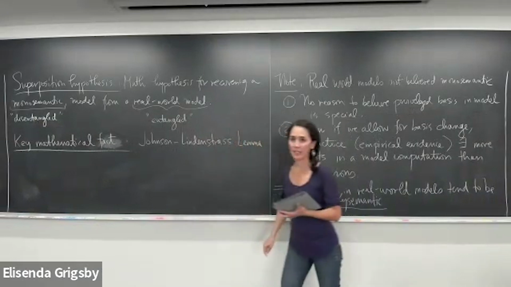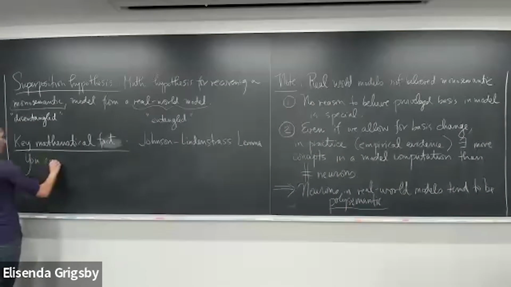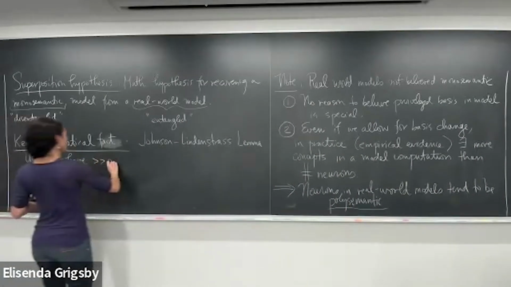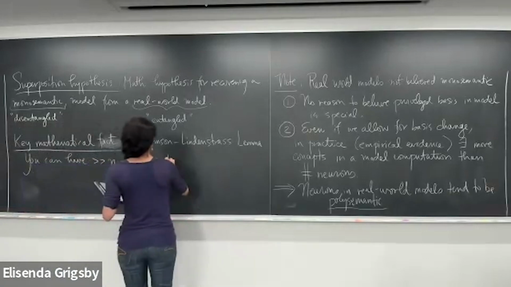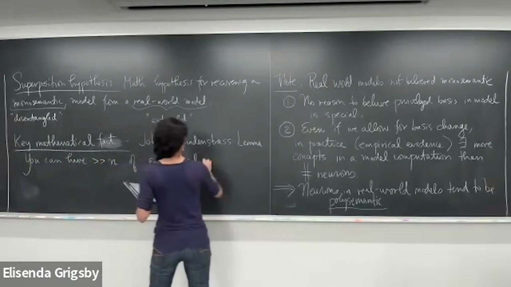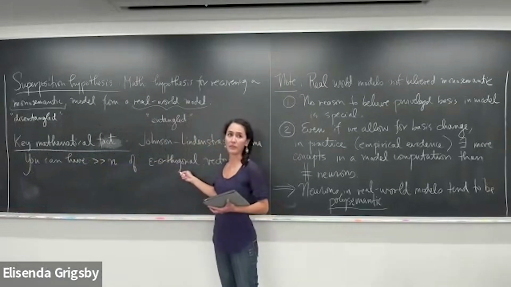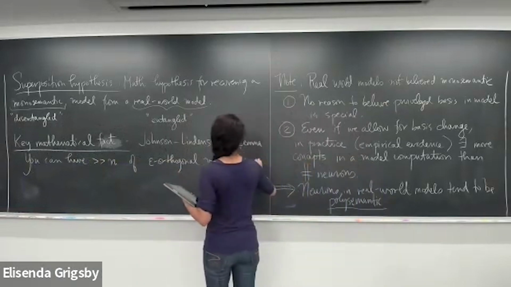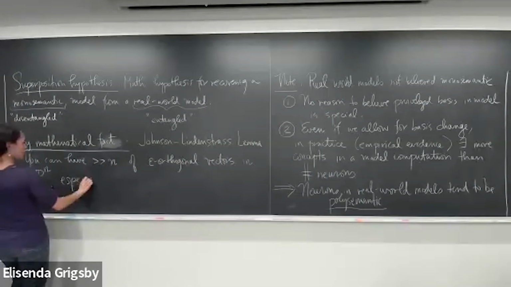I'm not going to state this formally, but essentially it says that you can have a large number of almost orthogonal, epsilon orthogonal vectors, so almost non-interfering in terms of their dot products, in R^n, especially as n gets large.